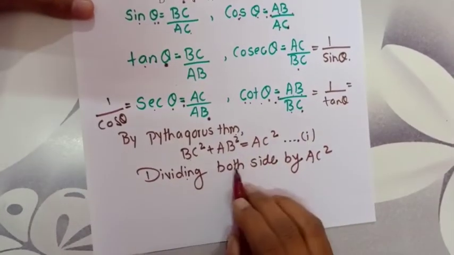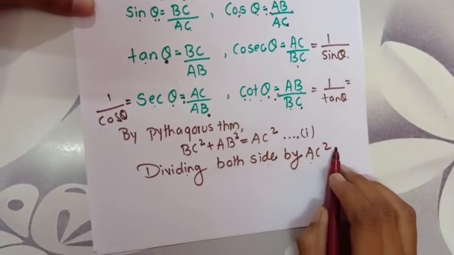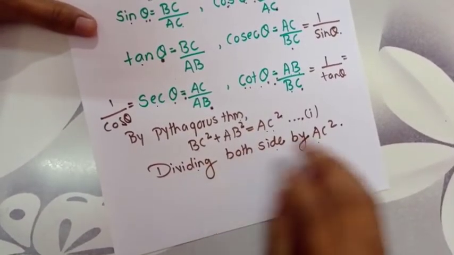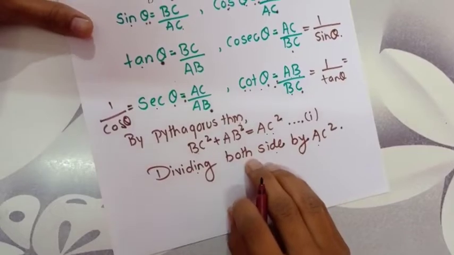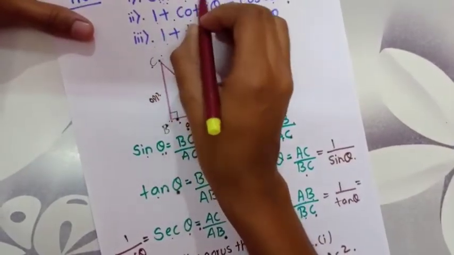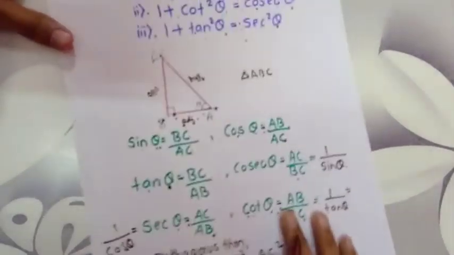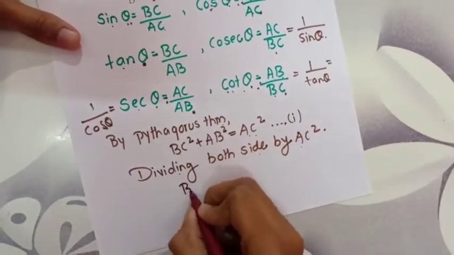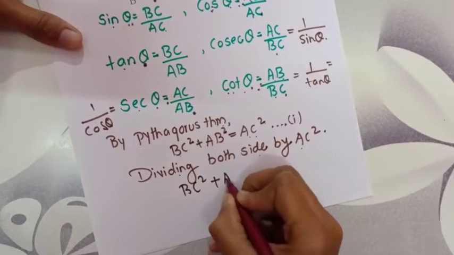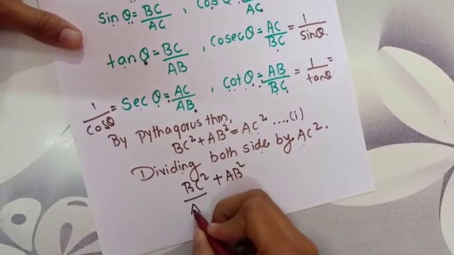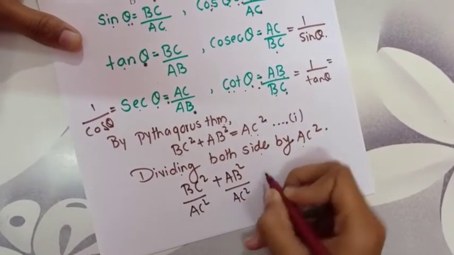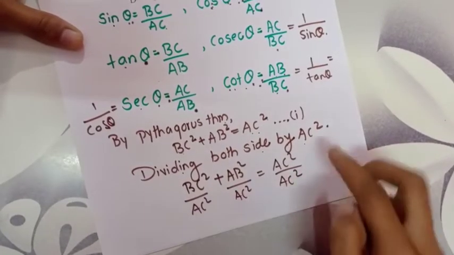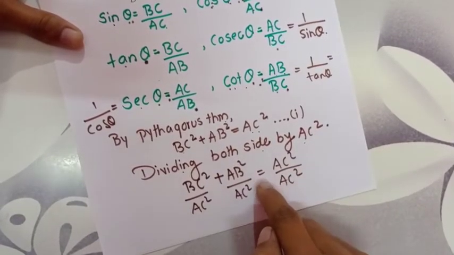Now, dividing both sides by AC square, so that the terms are adjusted, because we have to prove sin square theta plus cos square theta is equal to 1. So BC square plus AB square divided by AC square is equal to AC square divided by AC square. Dividing on both sides by AC square, the equality is maintained.